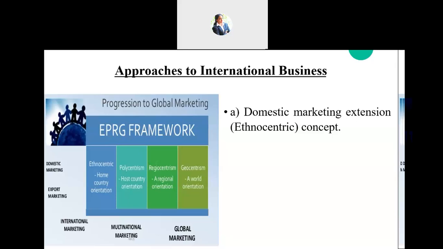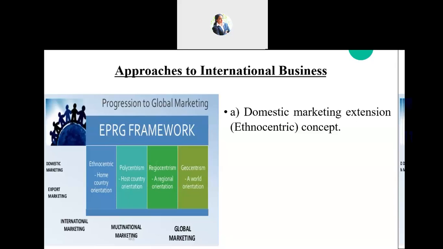Now, this particular kind of concept is usually preferred by small companies and sometimes even by large companies operating in today's competitive industries. Now, the overseas operations of such companies would usually be restricted to exports and also certain kinds of niche.